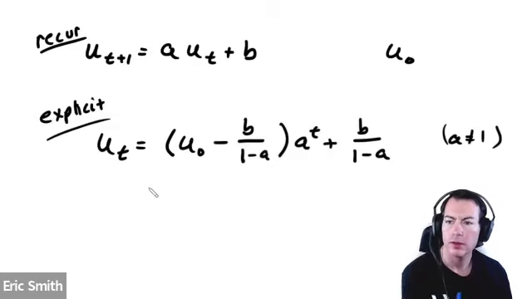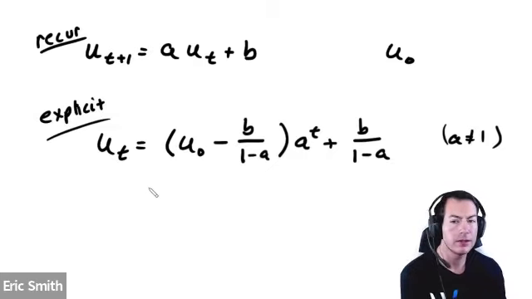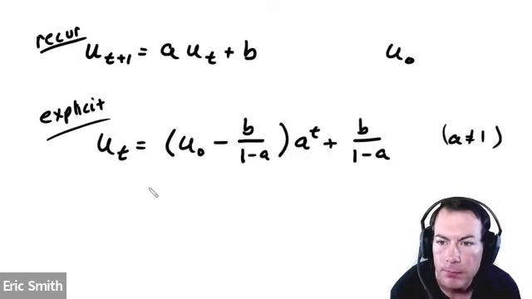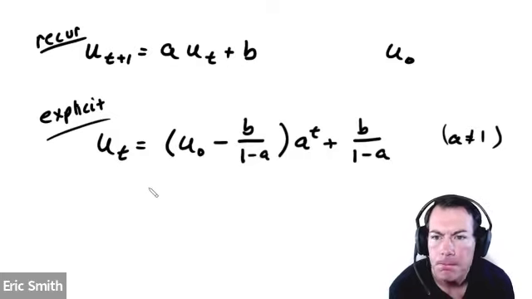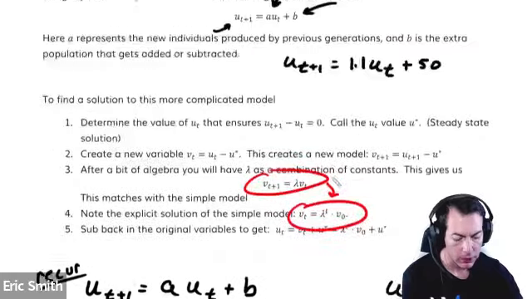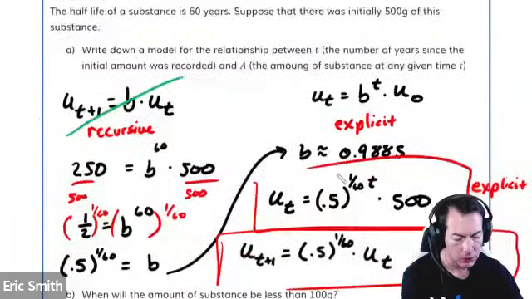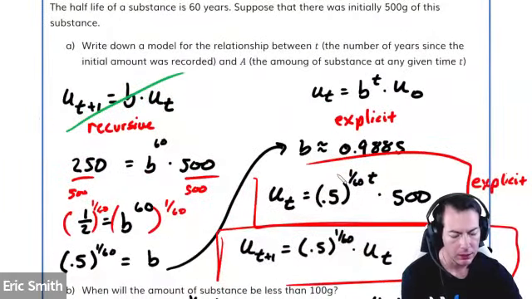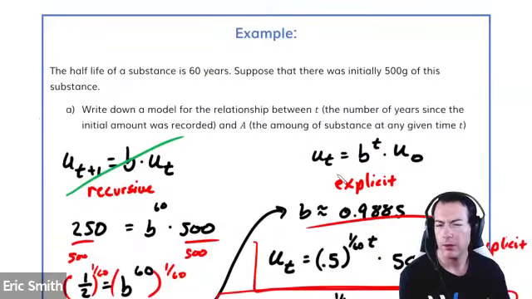Well, good question. This one says for the simple model, let's say, the previous question that we were working on, what were the words or terms in the question you highlighted to know to use an explicit model? Oh, yeah, good question. For this previous one, I knew that I was going to need an explicit model, not necessarily because of words that were in there, but the words that were missing.